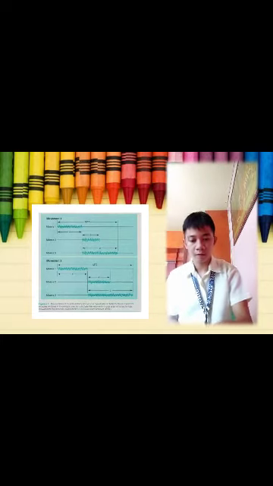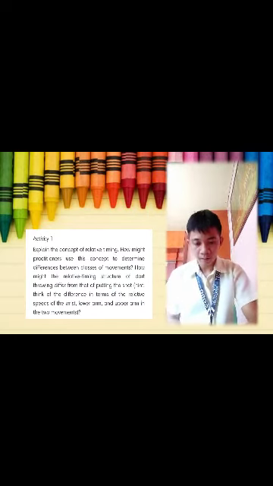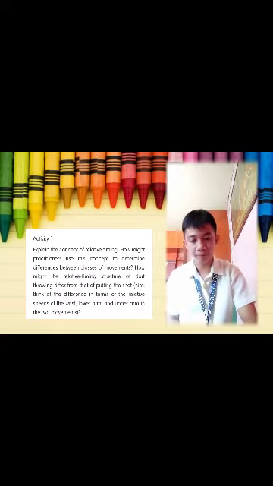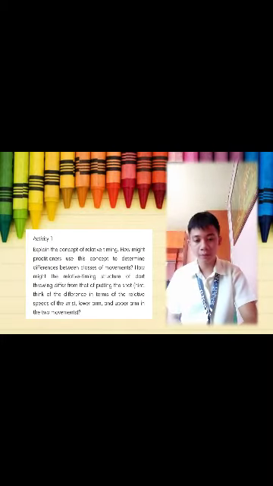So, how might the relative timing structure of dart throwing differ from that of putting the shot? Hinting at the difference in terms of the relative speeds of the wrist, lower arm, and upper arm in the two movements.